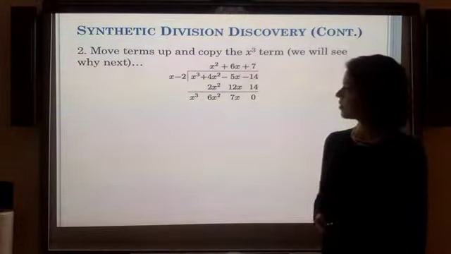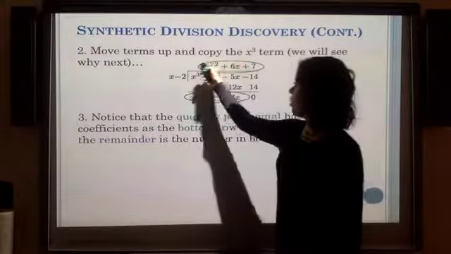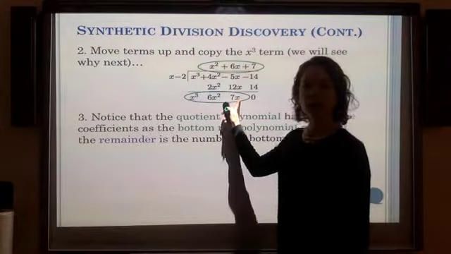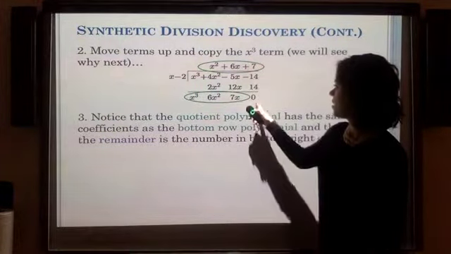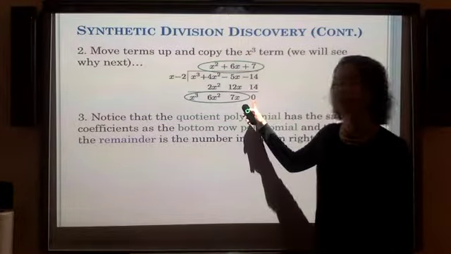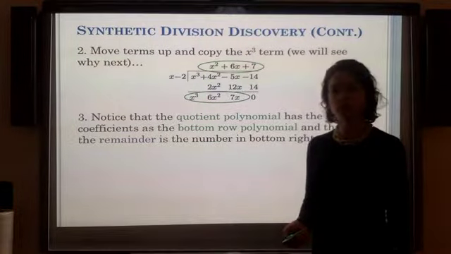If you notice what you have, you'll see that the quotient polynomial you ended up with is the polynomial down at the bottom here. You'll also see that we had a zero remainder, and that's the number in the bottom right-hand corner. Looking at it this way is basically what synthetic division does.